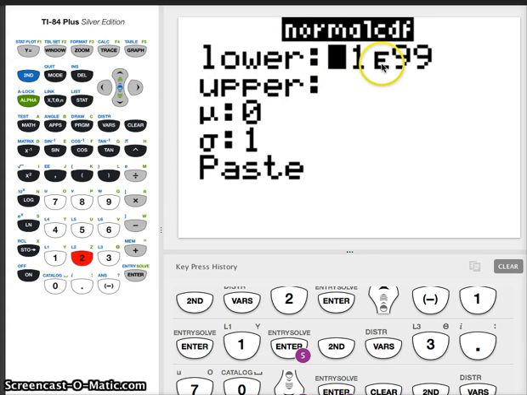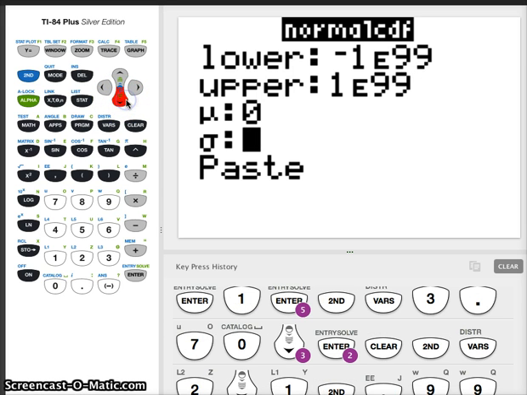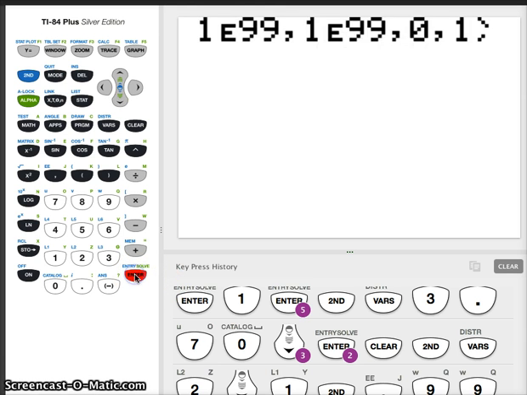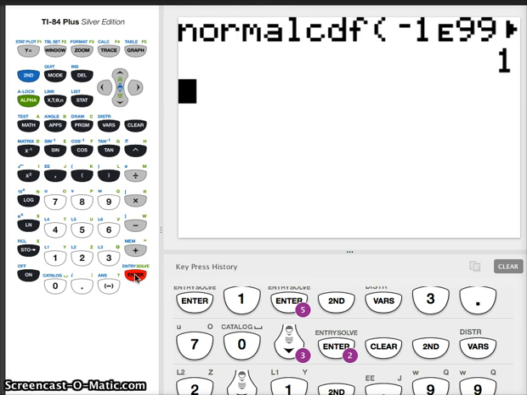So that would be -1 times 10 to the 99. And let's go way to the right. 1 second E 99. That should be the whole curve. How much area is under the whole curve? Okay, isn't it all of it? Let's see what happens here. Okay, 1. That means 100%. Okay, so hopefully that made sense. A little different way of looking at that.